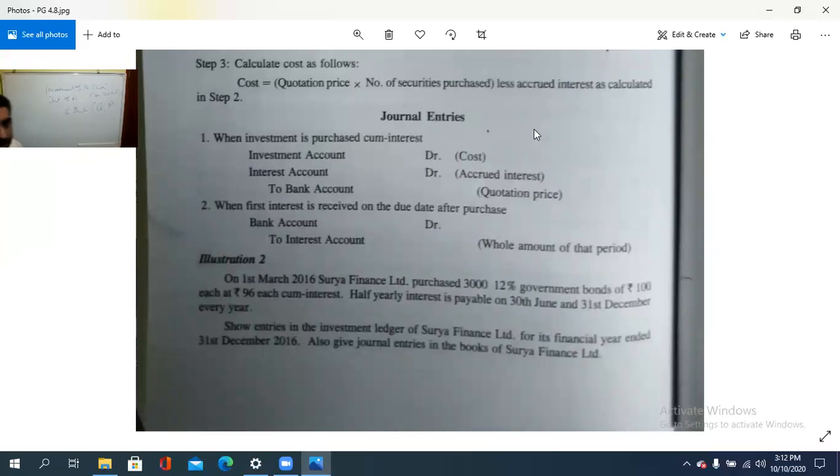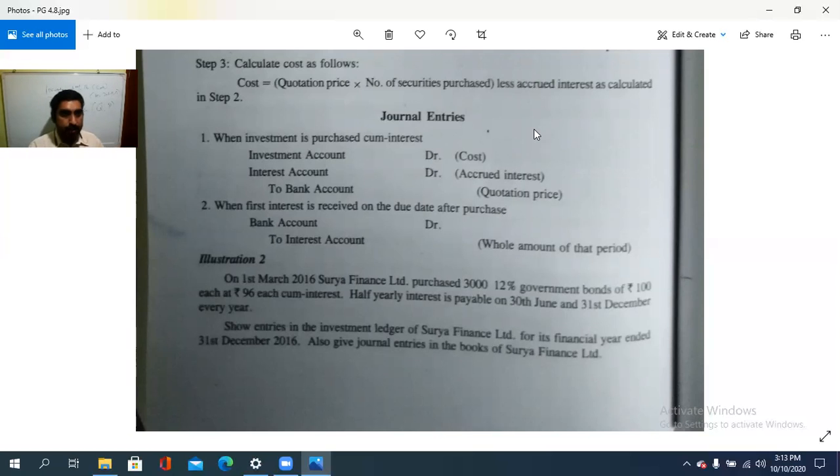And when the first interest is received on the due date after the purchase, the entry is bank account debtor to interest account. So this is the topic for today's class. We already saw how an investment account is to be prepared and what entries will come. Then we saw ex-interest and cum-interest, as well as ex-dividend and cum-dividend, and how, if a purchase is cum-interest, the transaction is to be changed.